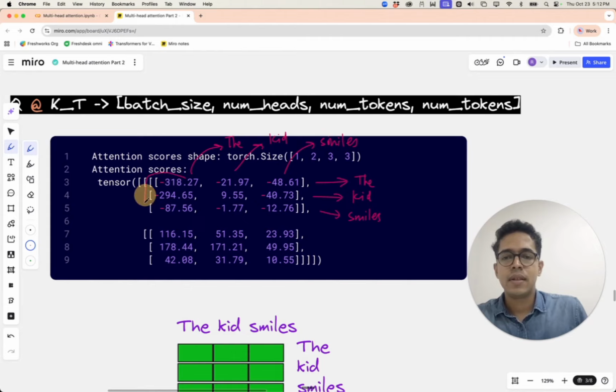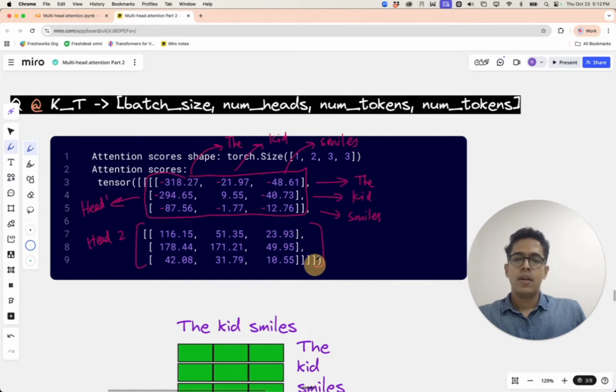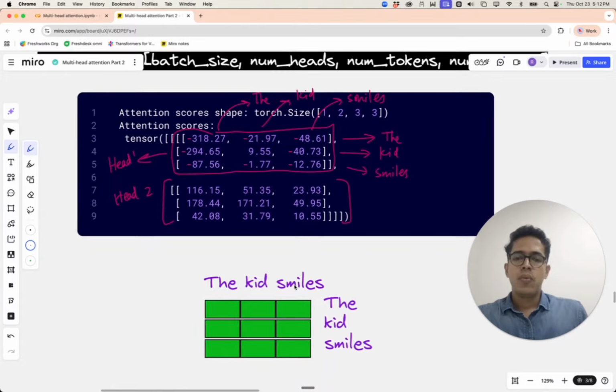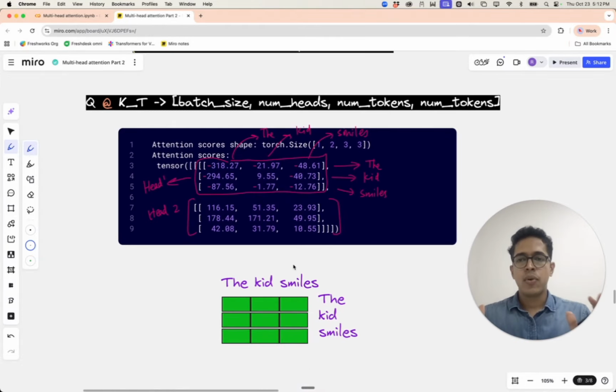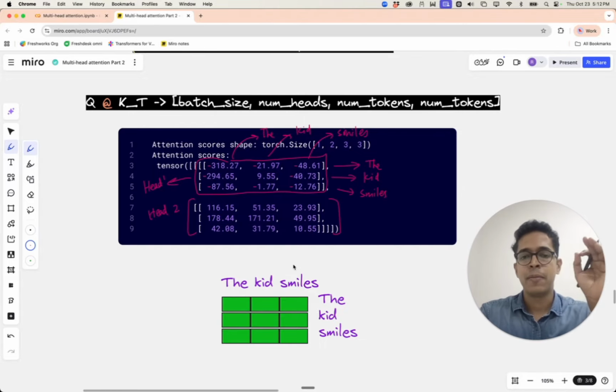And these set of attention scores are from our head number 1. These scores are from head number 2. Okay, fairly straightforward. Now, so far we did not touch any for loop. Nowhere was a for loop involved. So what we are doing is very clean.